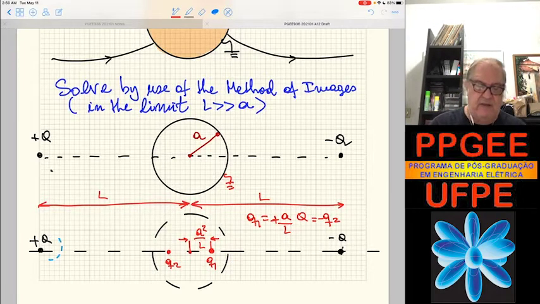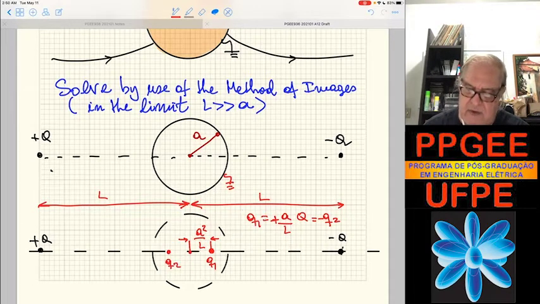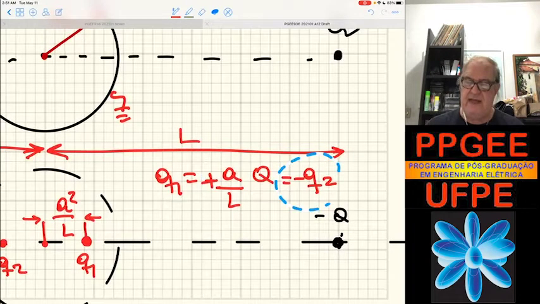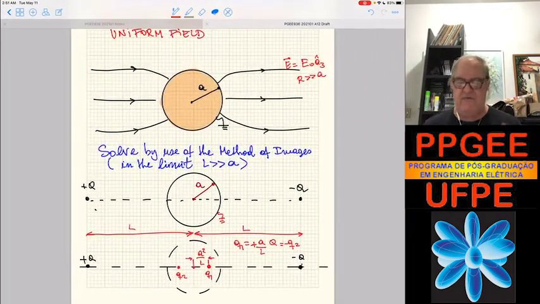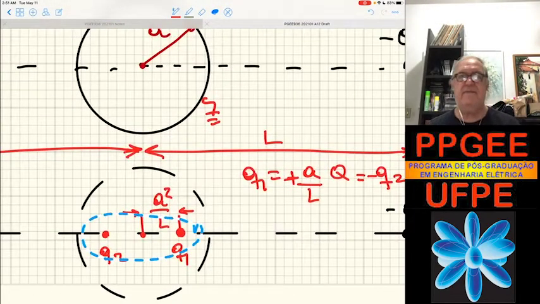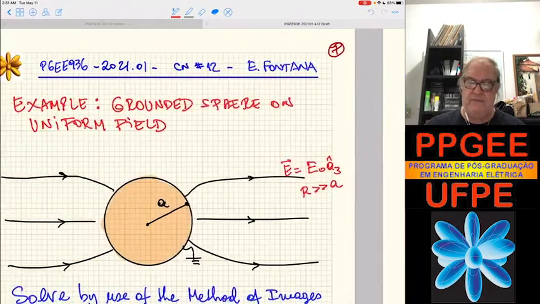But to equilibrate the other one, we have to put another image Q2 on the left, so as to equilibrate the potential. The values are known: Q1 equals the radius of the sphere A over L times capital Q, and Q2 is minus that. So what do we have? We have an E field that's uniform plus a dipole. So the potential outside is like that due to a point dipole.